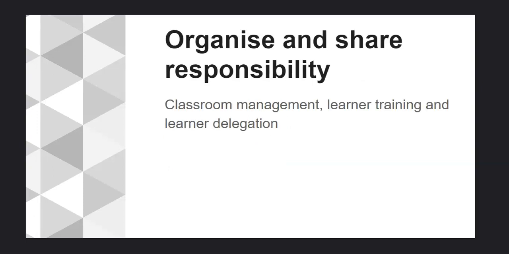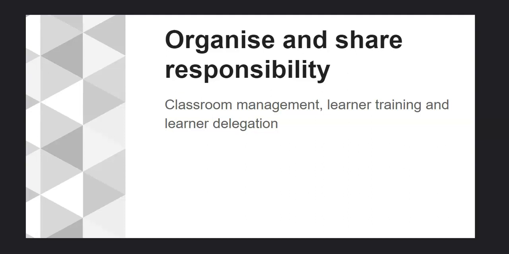Another key belief in this set of 10 principles is that the teacher and the learner share responsibility for what happens in the classroom. Perhaps we should think of the teacher's role as being like a project leader. They work with the team at the beginning to establish ground rules. And once these ground rules are agreed on, and again they might be created by the whole group, then all members of the team share responsibility to enforce them and put them in practice.